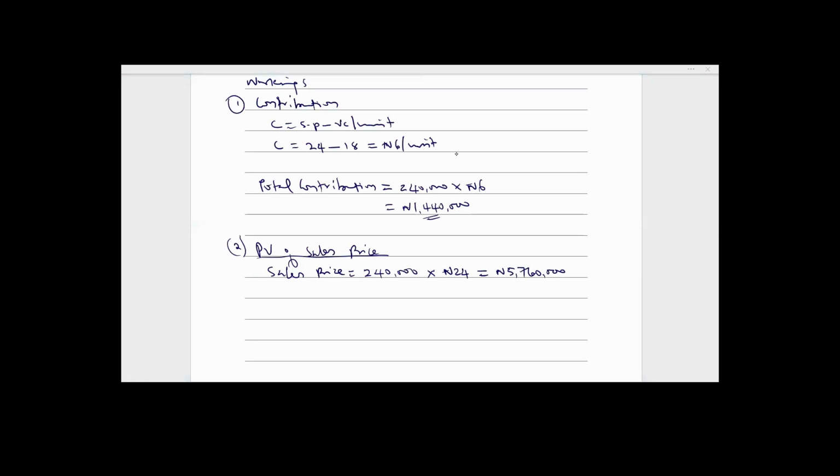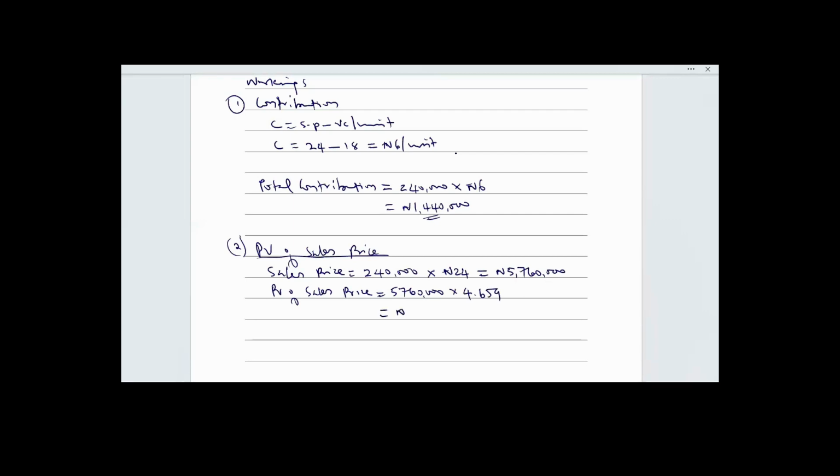Now that I have the sales value, I need to calculate the PV of sales value. PV of sales would then be equal to 5,760,000 multiplied by the annuity factor of year 1 to 10, which is 4.659.